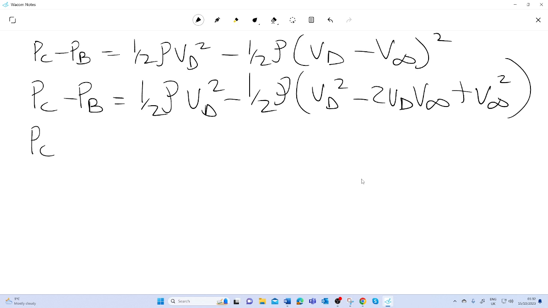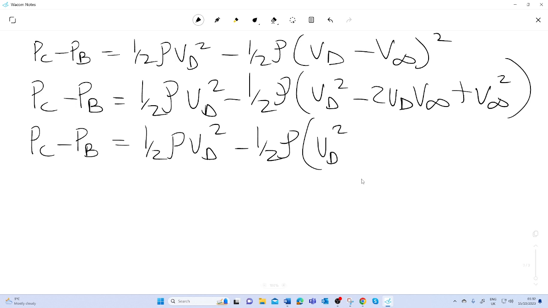Then our PC minus PB equals half rho VD squared minus half rho VD squared, minus 2VD V infinity plus V infinity squared.